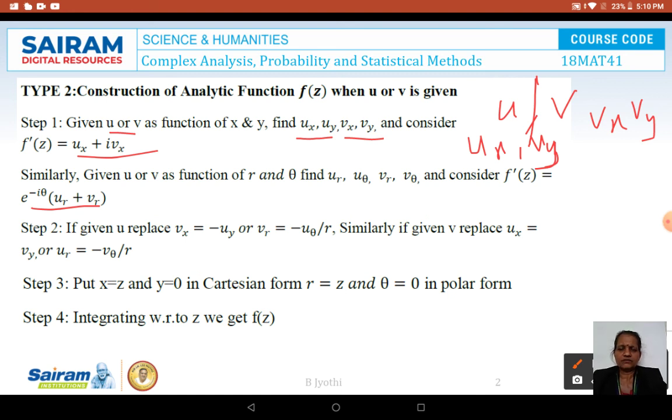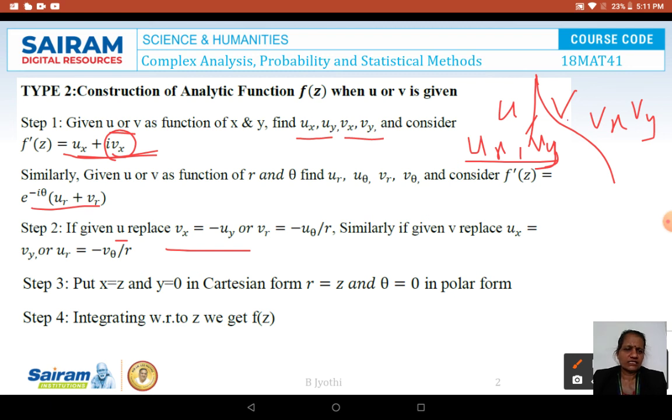Now coming to the first one, ux plus ivx, suppose only u is given to us. So we will be determining ux and uy, but we don't have this vx part. So what we need to do is replace vx with the CR equation, vx is equal to minus uy, if u is given.